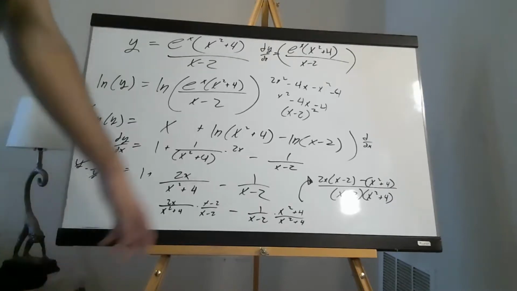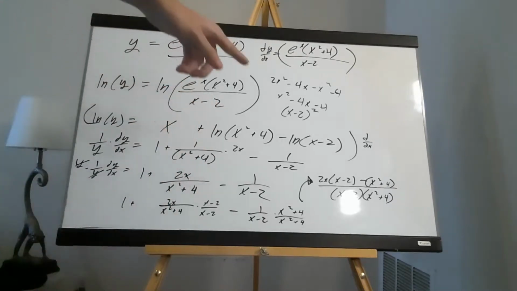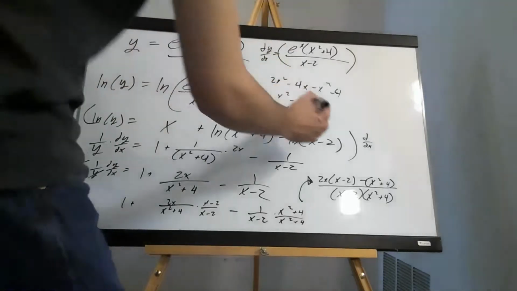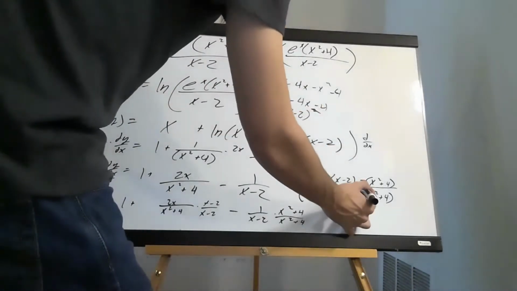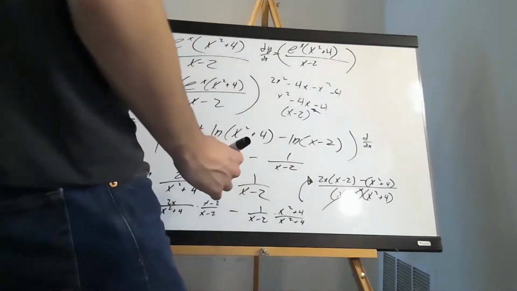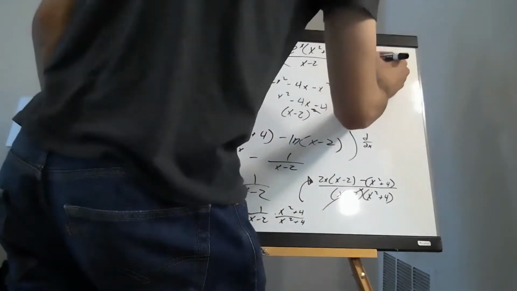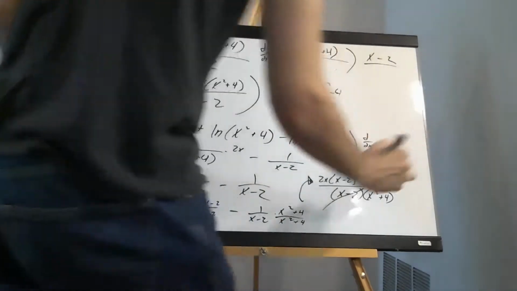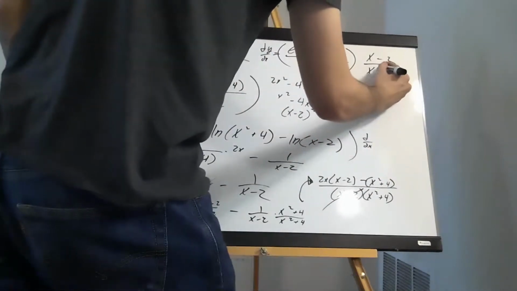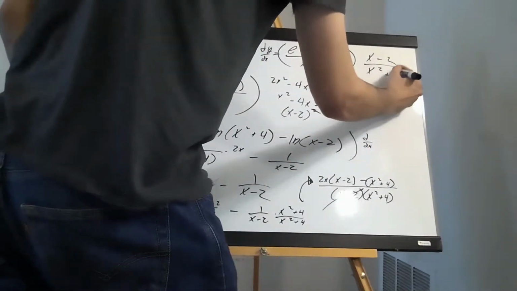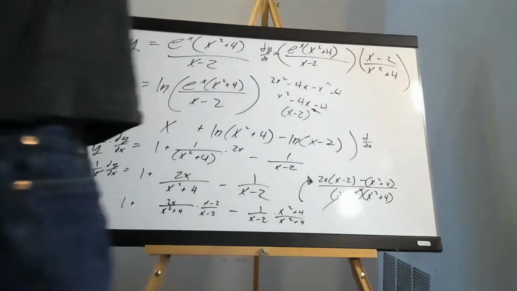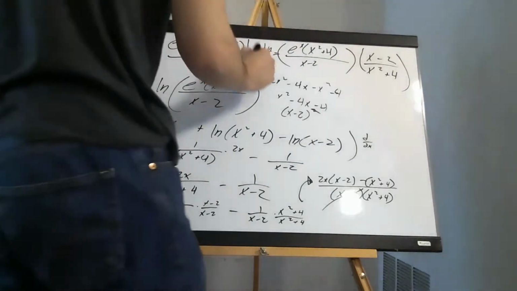Okay. Last thing. So now x minus 2 squared is going to cancel out with that. We get times x minus 2 over x squared plus 4. Boom. That's our answer.